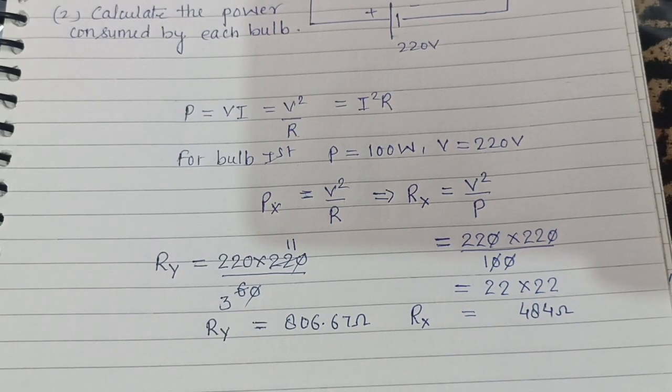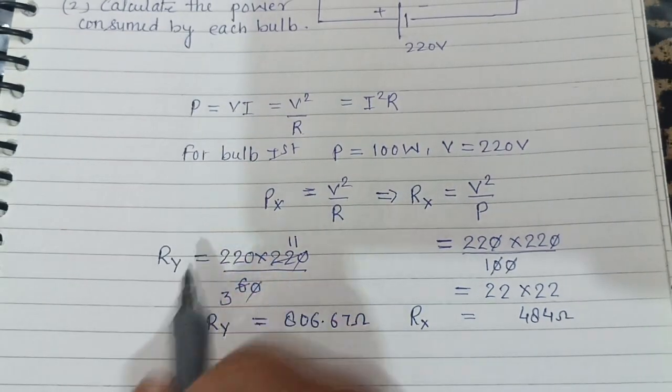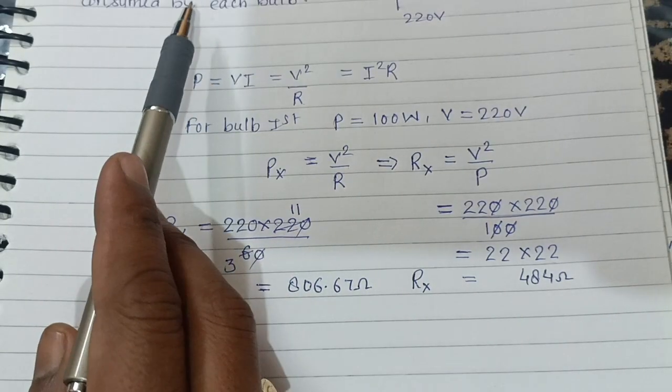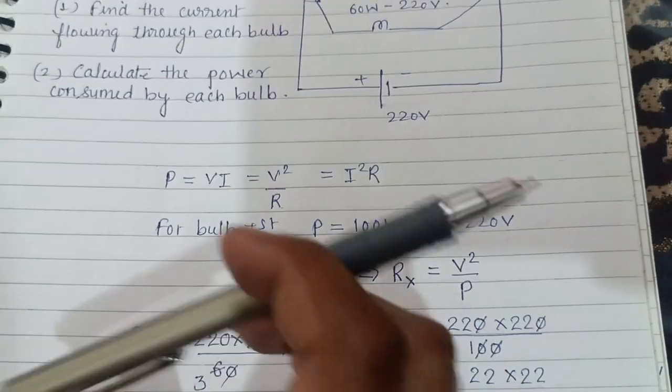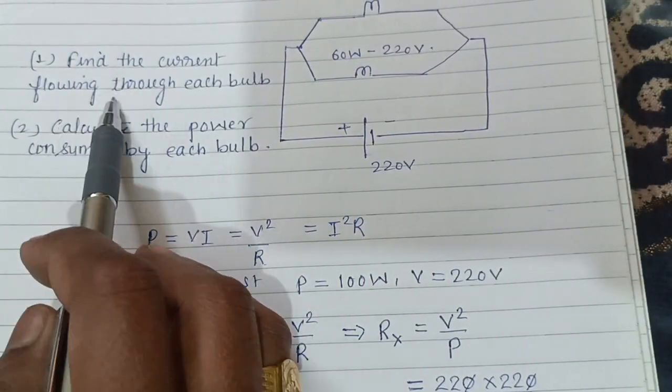Okay, now find the current flow. What he's saying is, find the current flowing through each bulb.